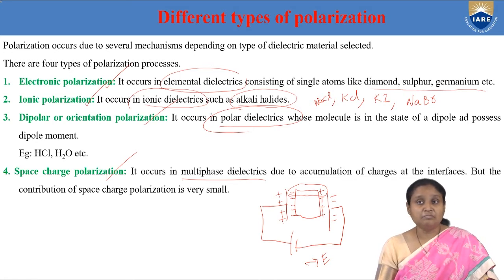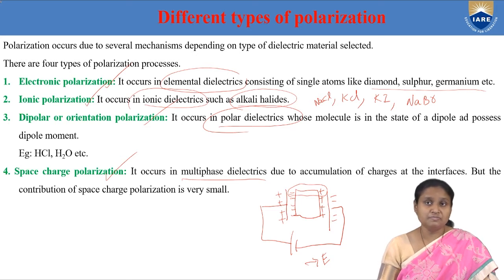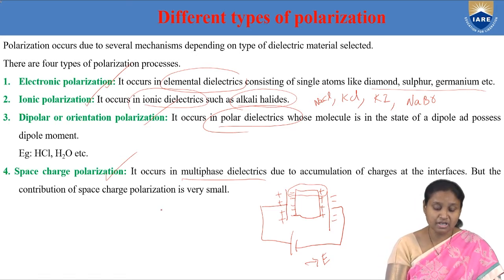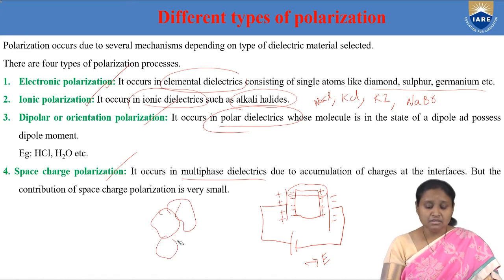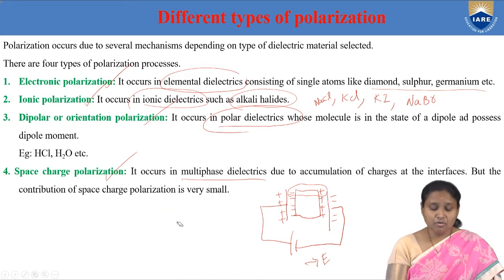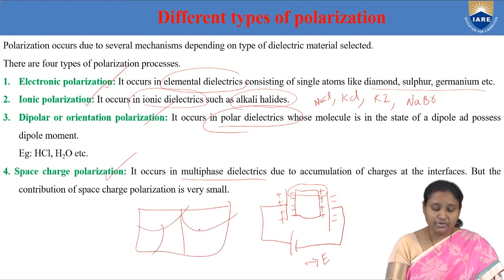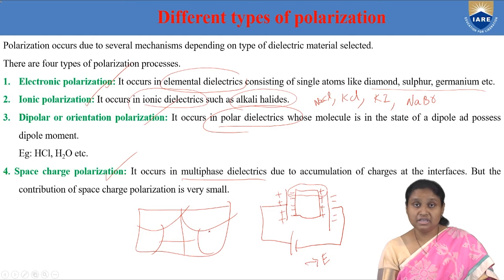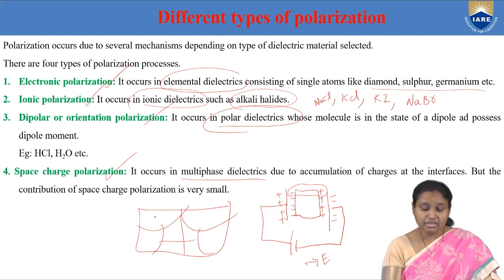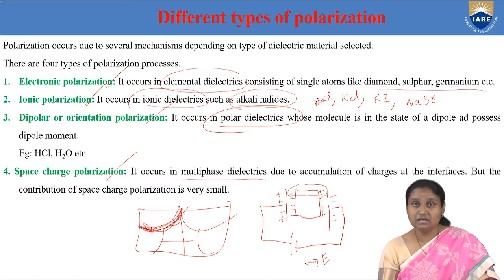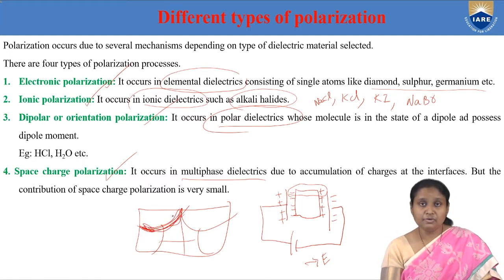When we take such multi-phase dielectrics, suppose I have taken a dielectric material or an alloy, and in that alloy we will have many grains, where grains are collections of atoms and molecules. When we go from one grain to another, they are separated by a boundary, and these boundaries are called phases.